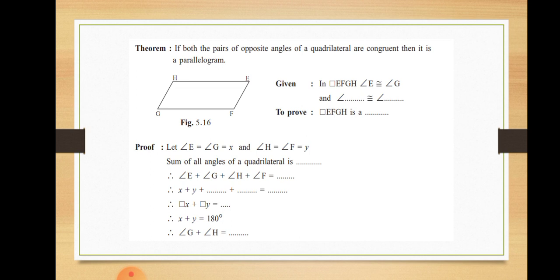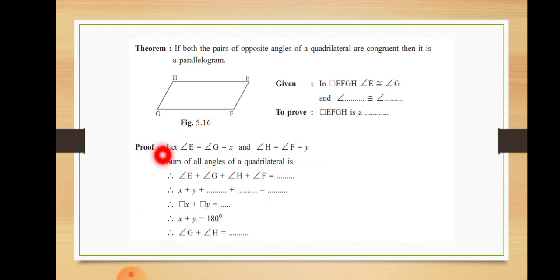Now here let angle E equal X. Look at this diagram, this angle we have to take as X. Then angle G is also X. The next one, angle H equals Y and angle F is also Y.